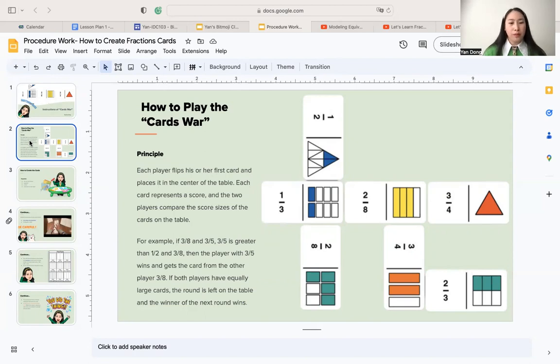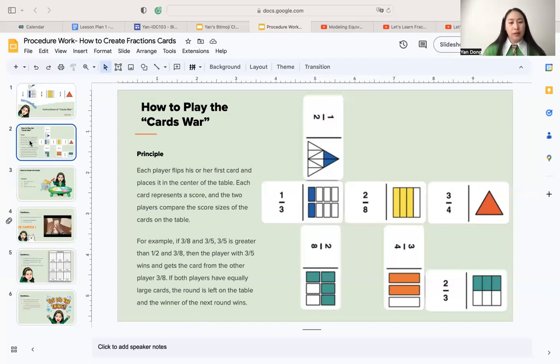For example, if 3/8 and 3/5 are the two cards in the center of the table, 3/5 is greater than 3/8, so the player with the 3/5 wins and gets the card from the other.